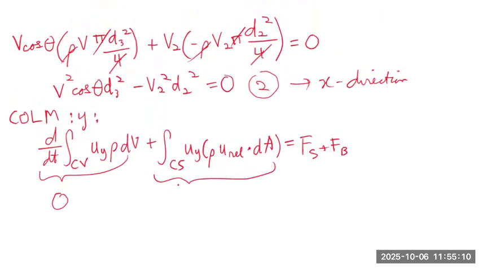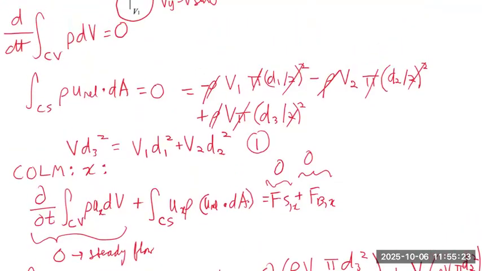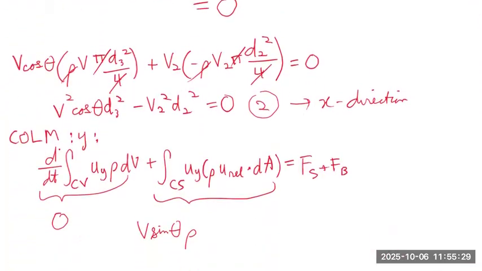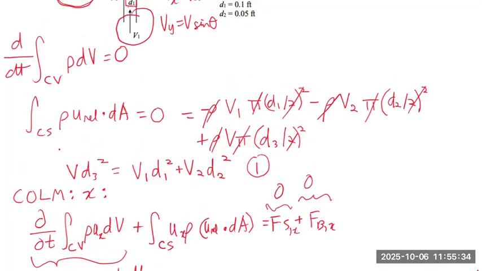So for this one we have V sine theta times rho times u relative. We found u relative over here, because again we can factor out the uy as we did for ux.